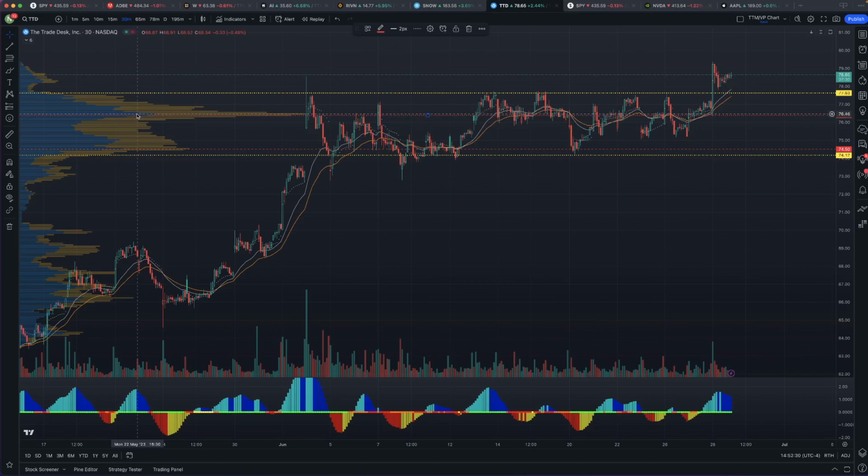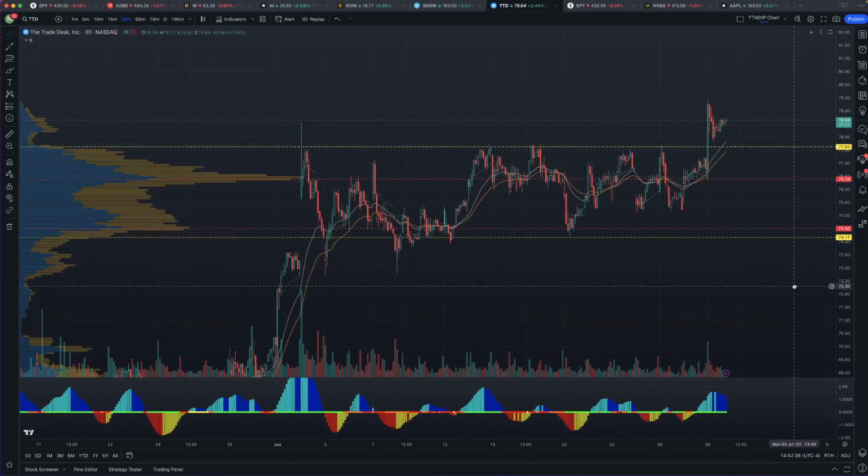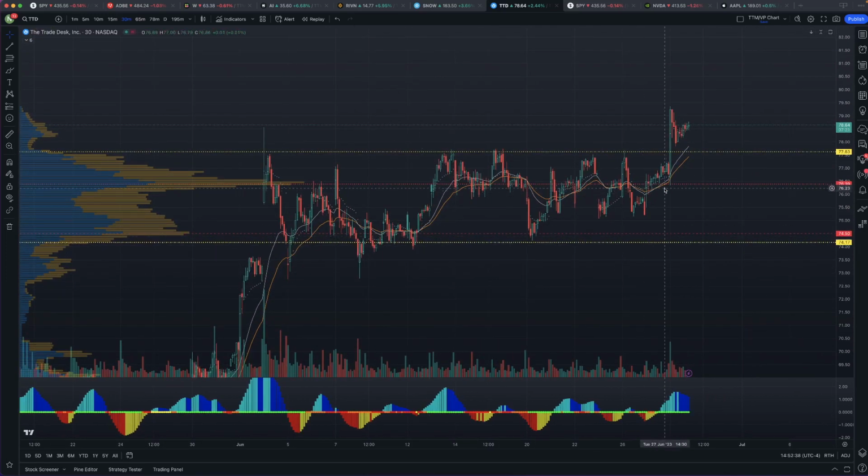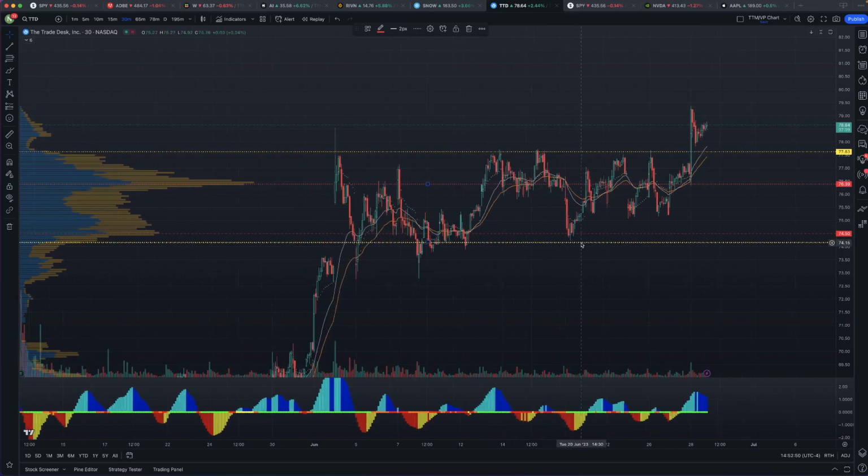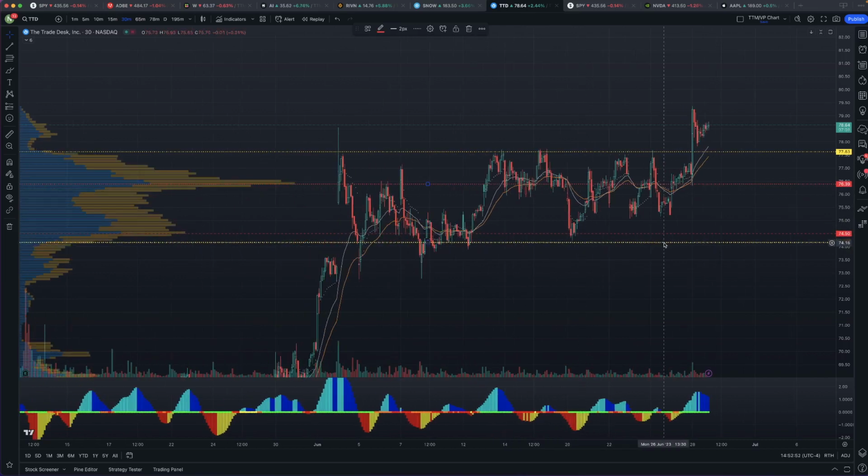This is volume based on price, right? That's the difference between volume profile and volume at the bottom side of the chart. So if we are below the point of control, we are potentially a short, but we also haven't cracked our support levels.